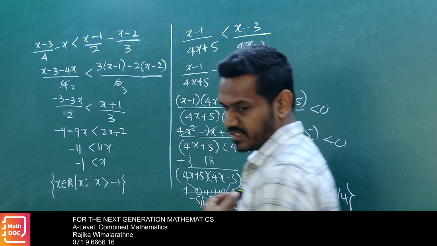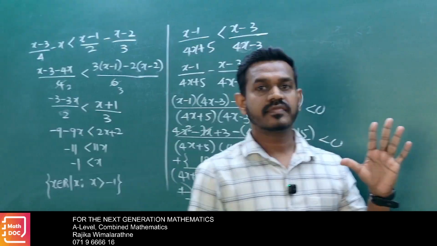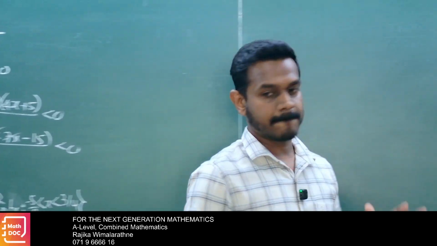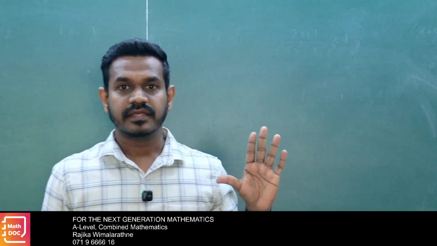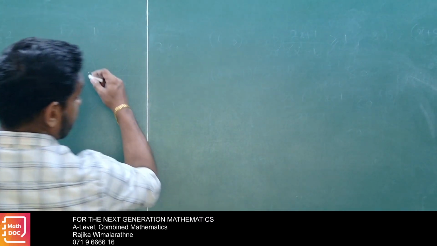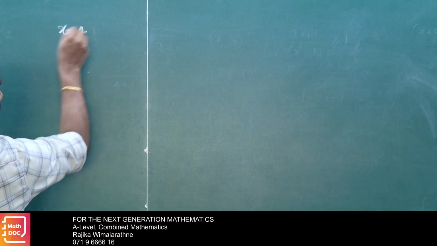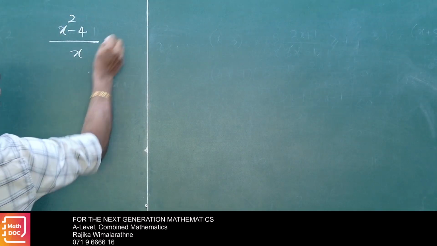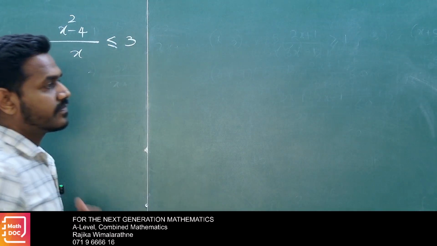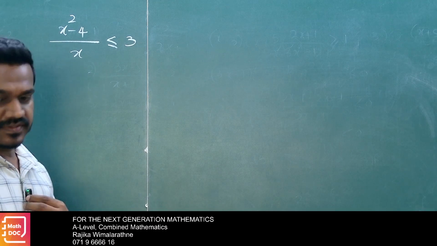Then question number 9: x squared minus 4 over x less than or equal to 3.